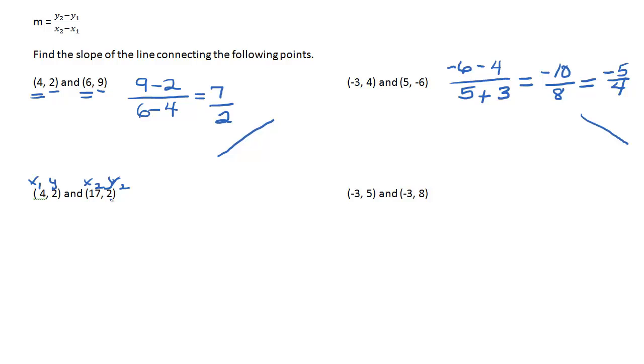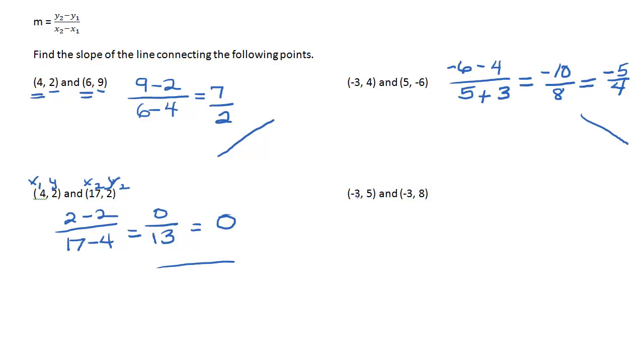I'm going to take the second y minus the first y and divide that by the second x minus the first x. 2 minus 2 is 0. 17 minus 4, 13. And 0 divided by 13 is 0. That's a horizontal line.